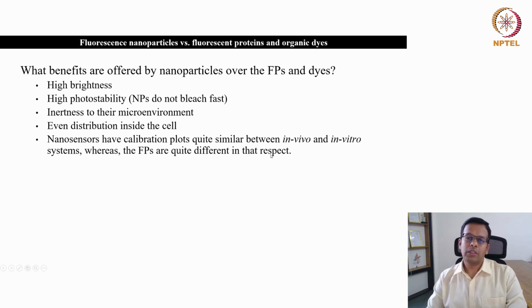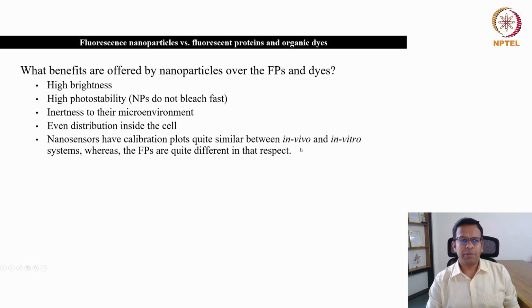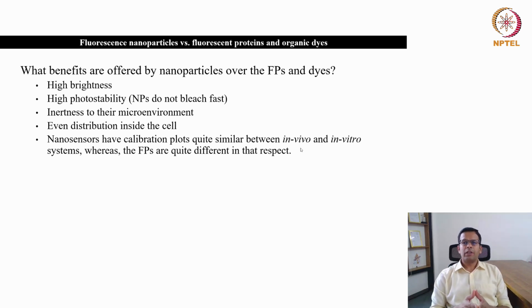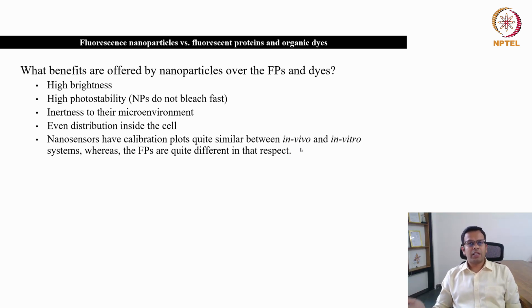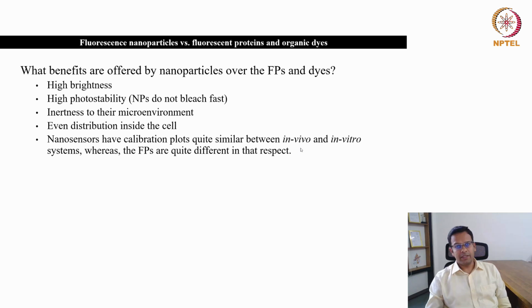So if you make some calibrations or measurements in vitro using fluorescent nanoparticles, and then inject those nanoparticles inside the cell or tissue, the calibration plots remain the same. Their optical properties will not change whether the nanoparticles are outside the cell or inside the cell. Whereas in the case of fluorescent proteins, their optical properties will change.